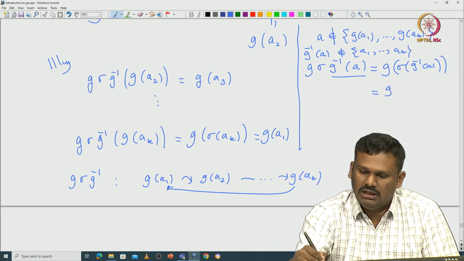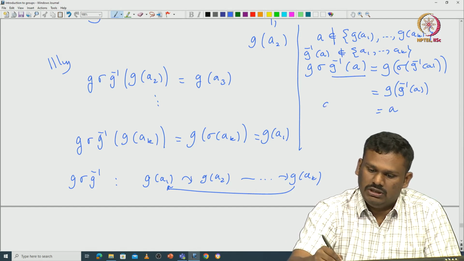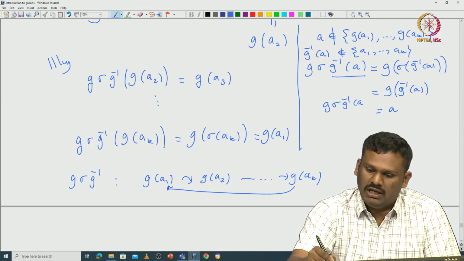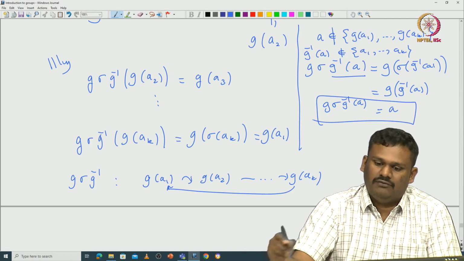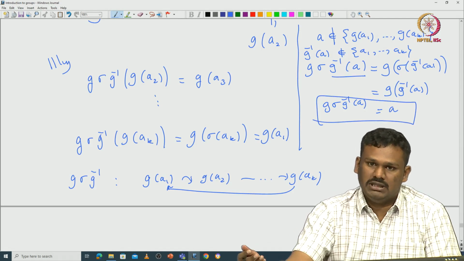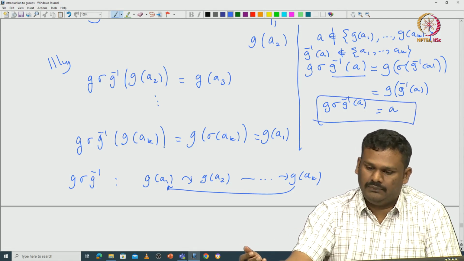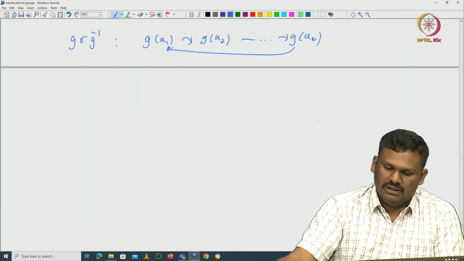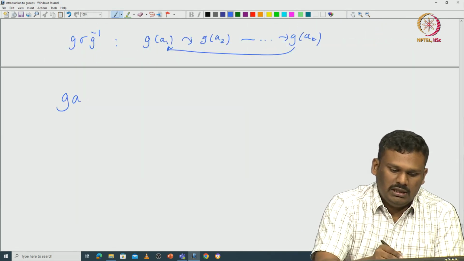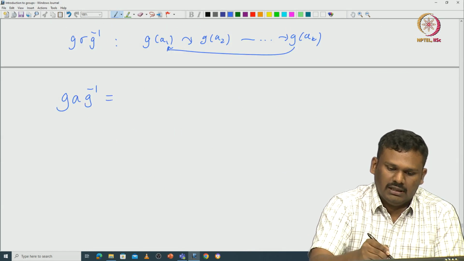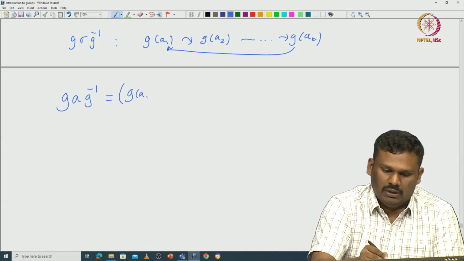So, you get g of g inverse of a, which is exactly a. So, g sigma g inverse of a is exactly a for all a which is not in g of a_1 through g of a_k. So, we just observe that g sigma g inverse is nothing but the cycle g of a_1 through g of a_k.